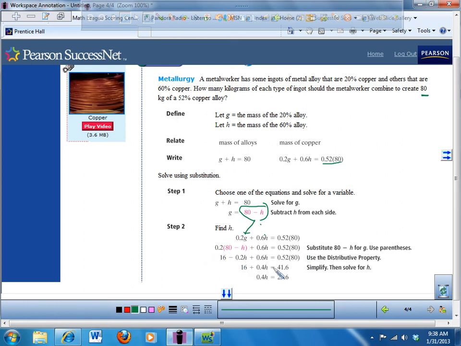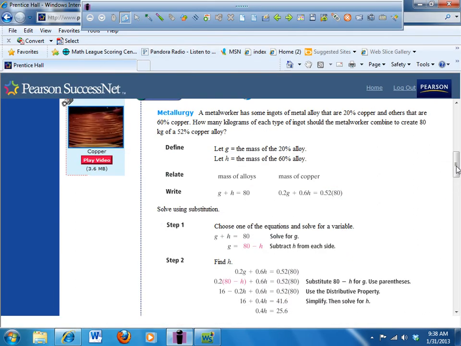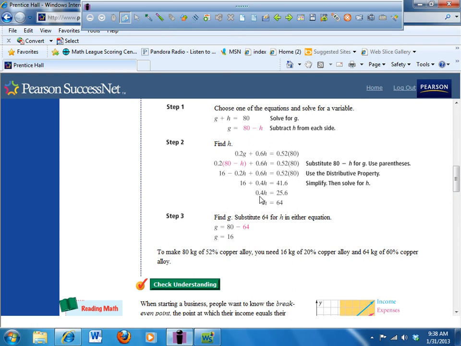Multiply this times this, and multiply that out, and then they combine their H's to give you 0.4 H plus 16, and then they subtracted 16 from both sides, and they end up with 0.4H equals 25.6. And then the last thing they do is they divide both sides by 0.4, and they get H is 64. Once you know H is 64, don't forget, you plug that back into your original equation, and you get G equals 16.